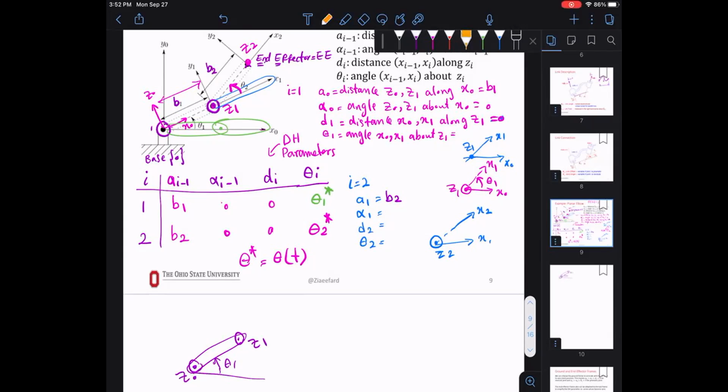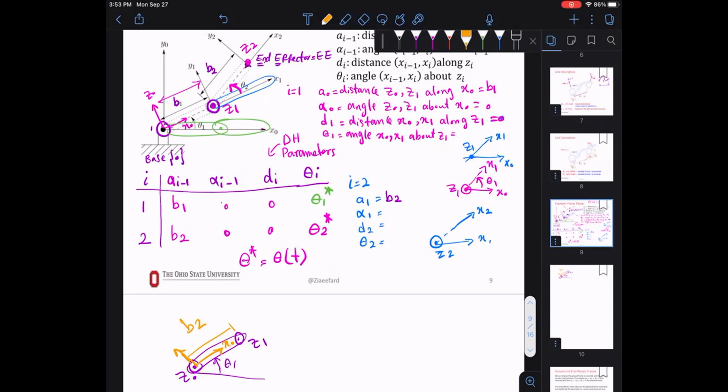You're asking why this distance is not d2 cosine of theta 1, right? We are going to consider that our frame moves with our link. We are trying to find the distance along x0, and x0 is also moving when you're moving the links. So this is your x0.